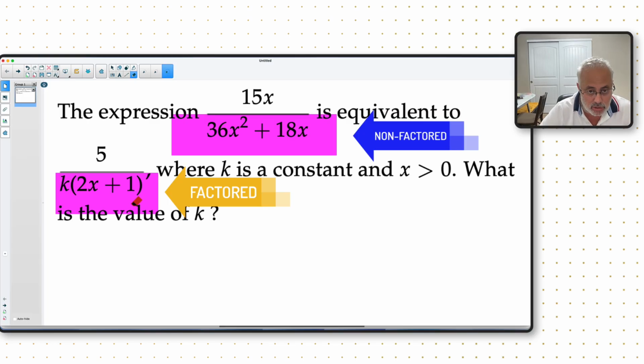So in this question, I'm going to use two different approaches. And you will see that the one the students like most, and the one that is perfect for the test timing, is the one that includes factorization at the very, very beginning. Let's see it now.